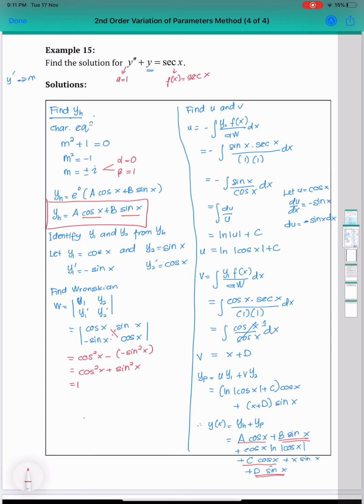Where should I write the answer? Maybe here. So I will have a, b, c, d, maybe e. So I will have e cos x plus f sin x plus cos x ln cos x. I don't have enough space.